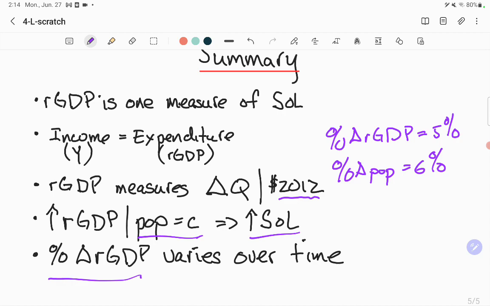What's happened to standard of living? Take a second. Look at this. And then look at that. So if the economy has real growth of 5%, but the population grows at 6%, what's happened to the standard of living for the average person? It's decreased. By how much? 1%.